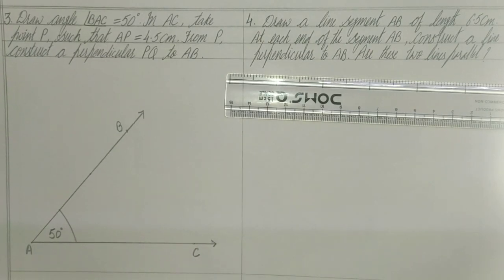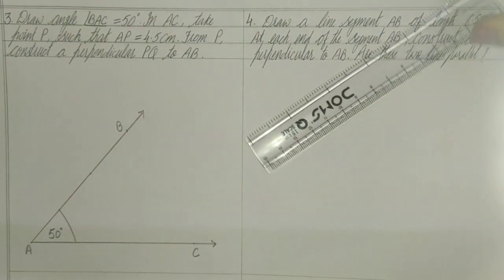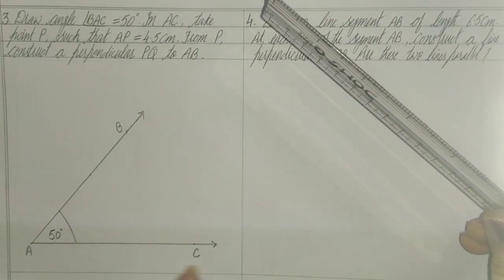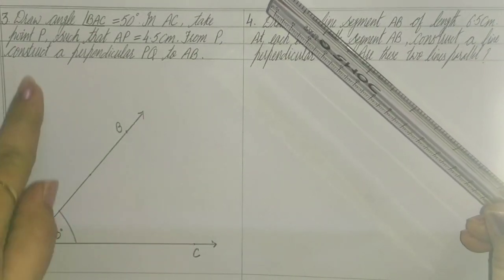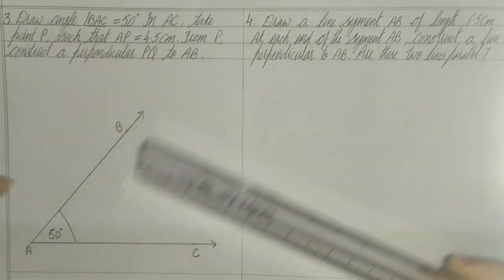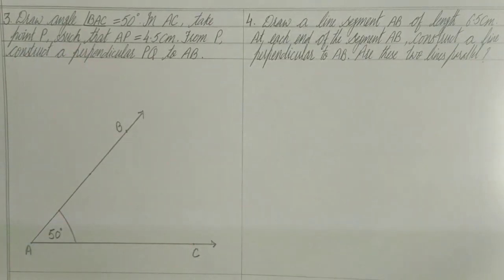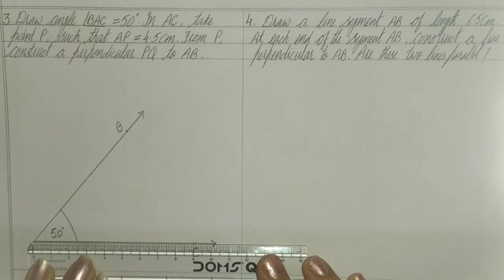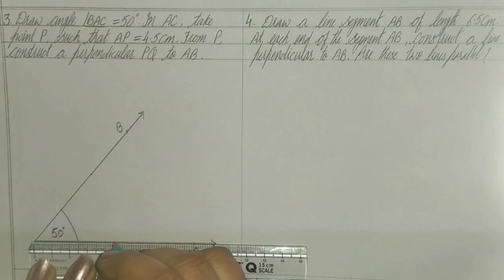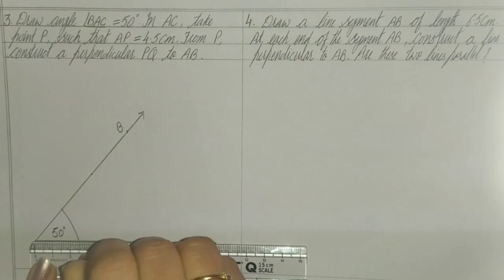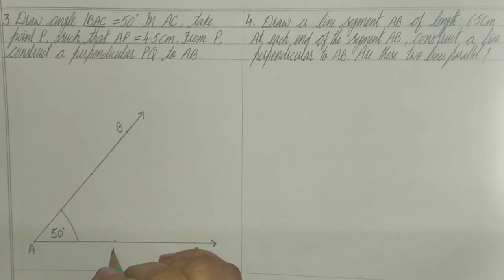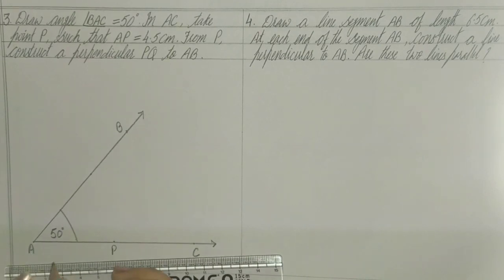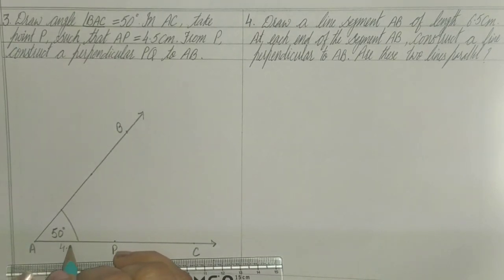BAC is 50 degrees. Now the next step is, in AC on this base ray, take a point P such that AP is 4.5 centimeter. With measurement you have to mark a point P at a distance of 4.5 centimeter from A. Label it as P and mark the distance between A and P here.